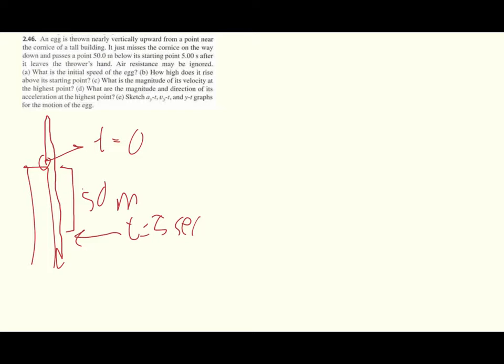So I'm looking at the initial things I know. I don't know the initial velocity, but I'd sure like to. In fact, that's what it asks for. I don't know the final velocity. I do know the displacement. I know that the initial y I'm going to call 0, and I'm going to call the final y negative 50.